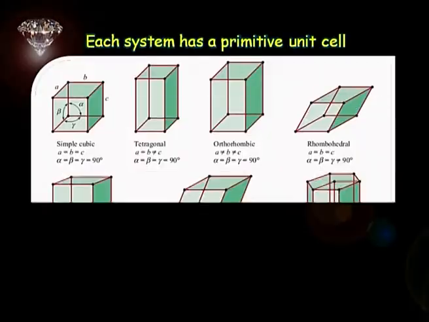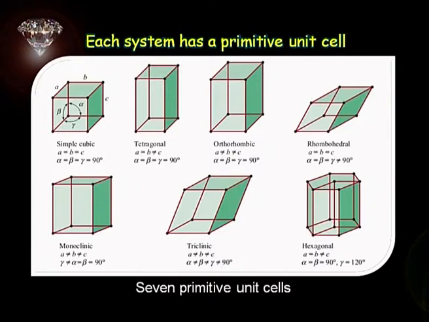Now, since there are 7 such systems, each one of them will have a primitive unit cell. I am sure that you remember that a primitive unit cell is the one wherein the lattice points are on the corners of the unit cell. So, accordingly there are 7 primitive unit cells, one for each of the systems.